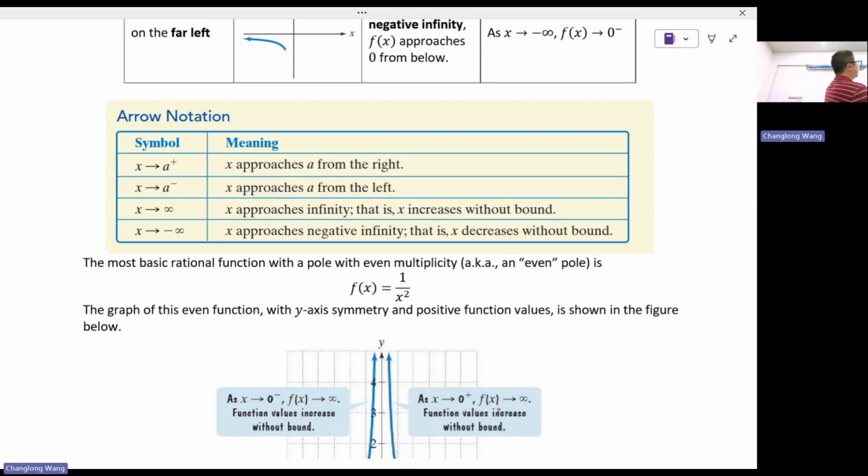I also want you to use them later to explain your reasoning when plotting or analyzing functions, especially the asymptotic behavior. When I say asymptotic behavior, I mean how the function blows up when it's getting near the pole, but also the end behavior, so we're looking at the far right and the far left, and how the function is going to behave.